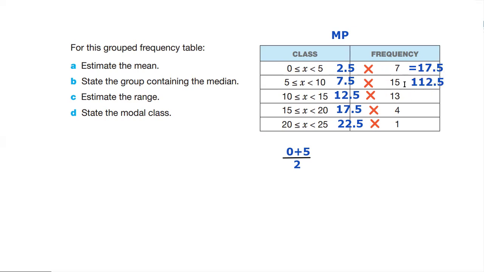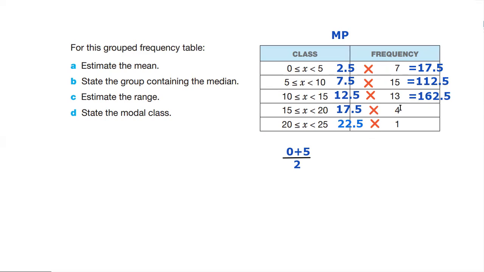You can write equals next to it, or you don't have to write equals, it's okay. But write equals so you don't mix numbers. Okay, here equals 112.5. And then the next one is 12.5 times 13, it's 162.5.